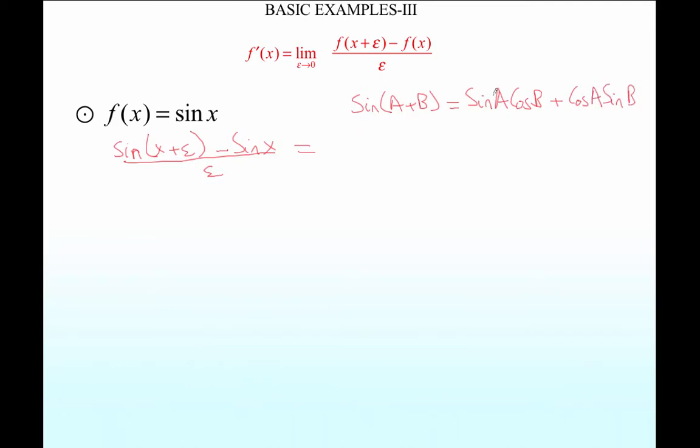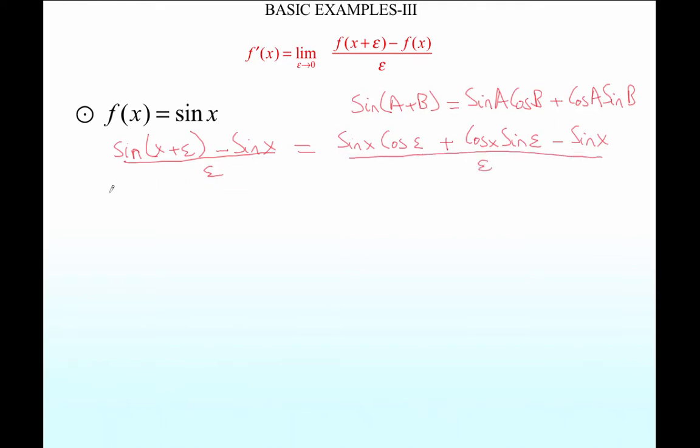And now let's use this to write this as sine x cosine epsilon plus cosine x sine epsilon minus, of course, sine x, and we've got to divide by epsilon.